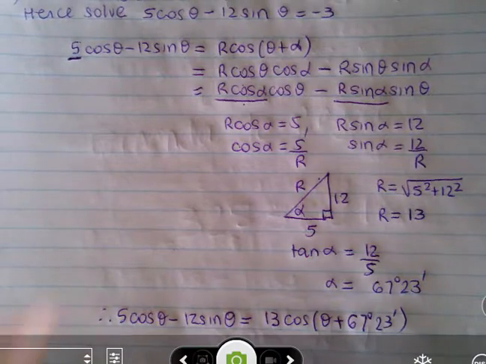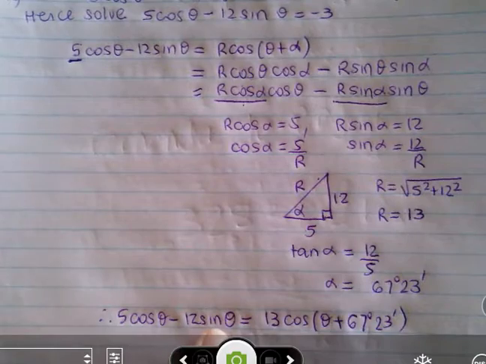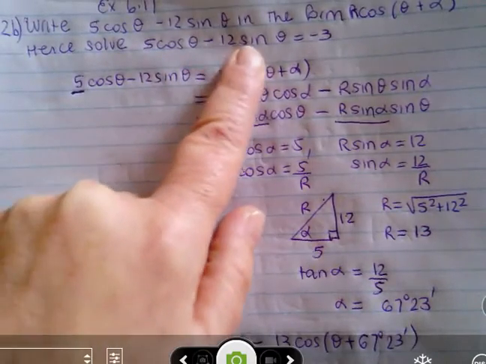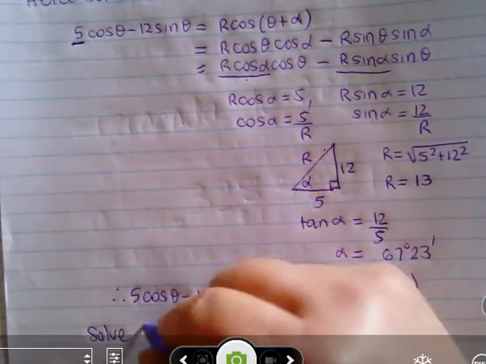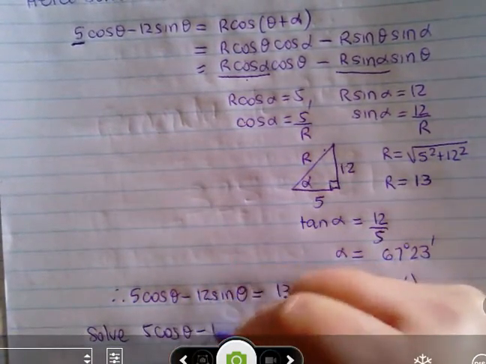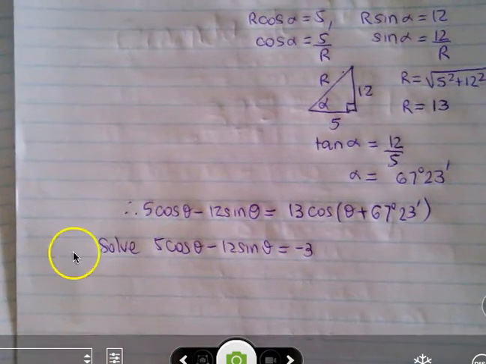Now, how is that going to help me solve this equation? Now I can write 5 cos theta minus 12 sine theta in this form, so therefore now I can solve. To solve 5 cos theta minus 12 sine theta equals negative 3, I'm just going to replace my left-hand side with my new expression.